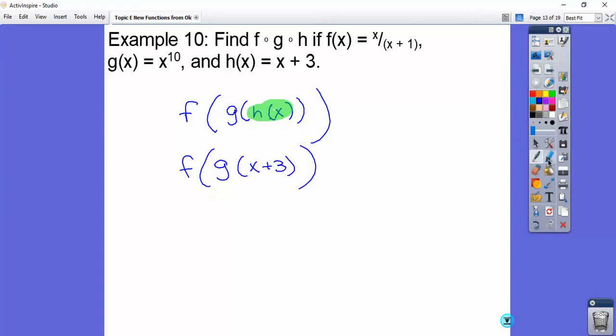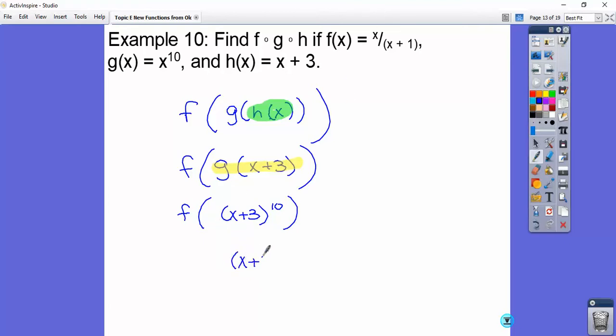Then you just work your way out. So next I do g of x plus 3. So I go to g, I plug in my x plus 3, and I get x plus 3 to the 10th. Working my way out, now I plug that into f.